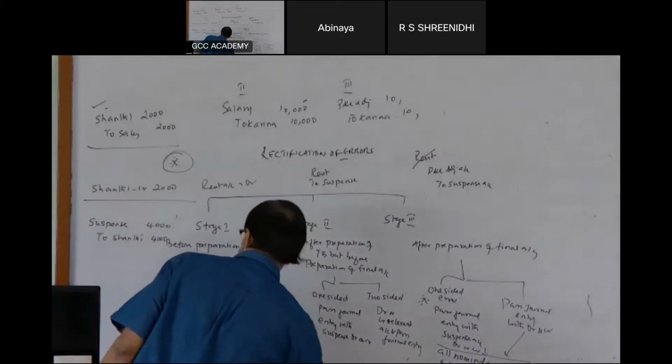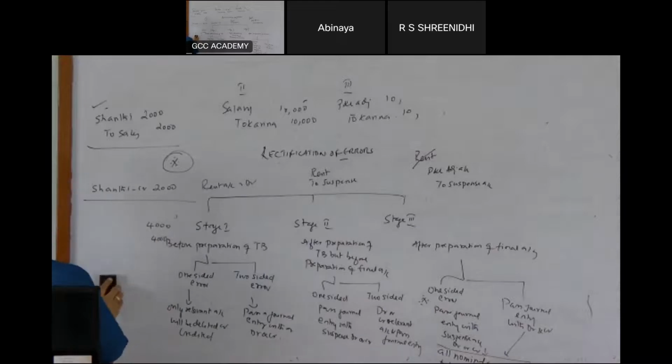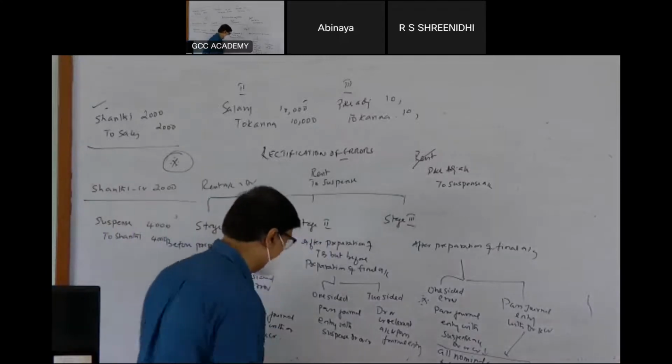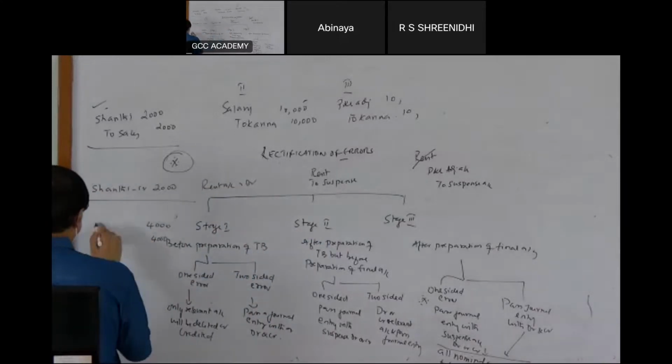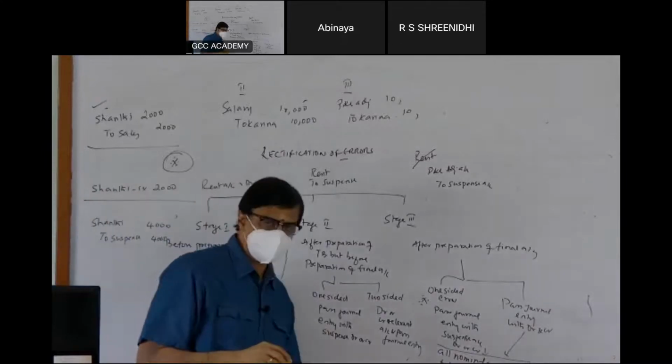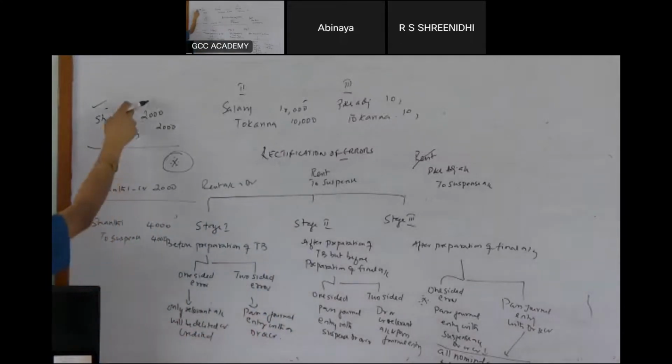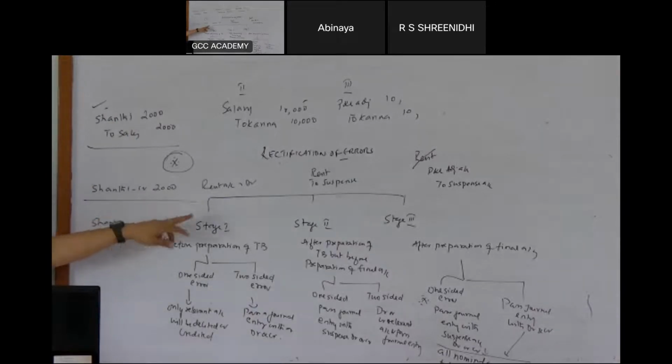Shanti to suspense. Because the correct entry should be a debit to Shanti, but it was wrongly credited to Shanti. So you should nullify the credit and debit.